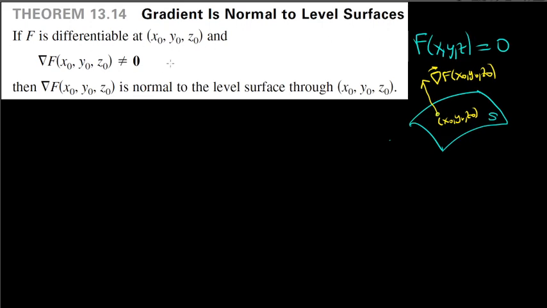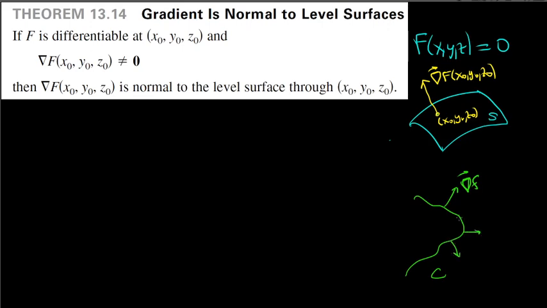So this just says what we've been saying all along, that the gradient is normal to the surface. Very similar to what we did in the last video where we had level curves. We had our level curve, and we said that the gradient of little f points normal, or perpendicular, to the curve.